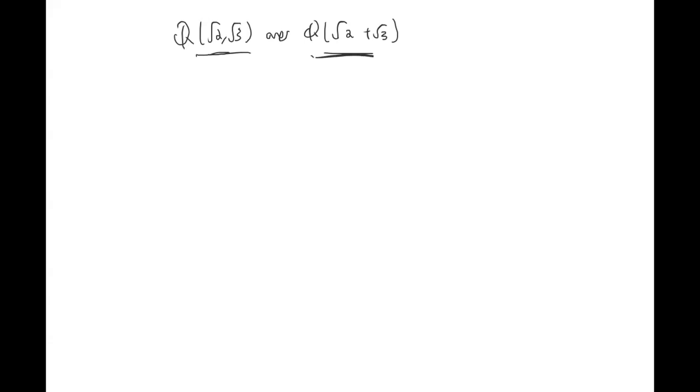Clearly this one's smaller, because if you have root 2 and root 3, then when you add them, you obviously have root 2 plus root 3. My claim is that these are equal, but it's not clear a priori that if you just have this element, you have both of these. So we certainly see the left one is bigger.